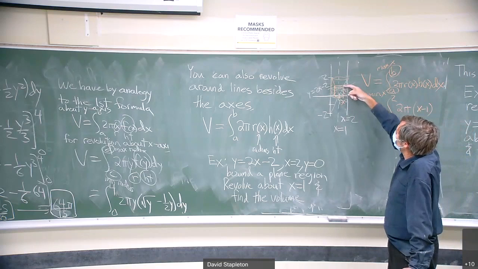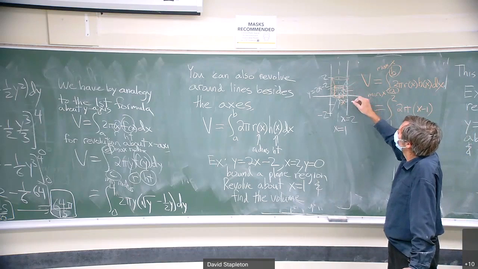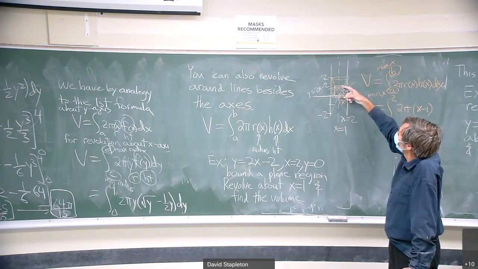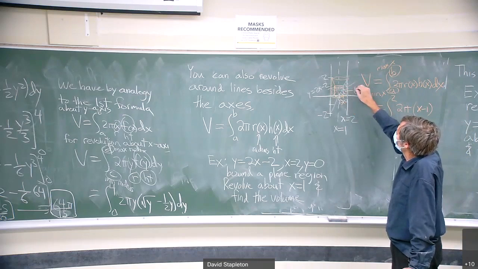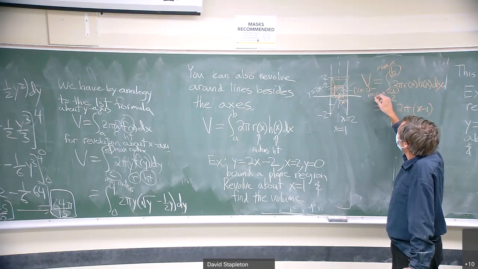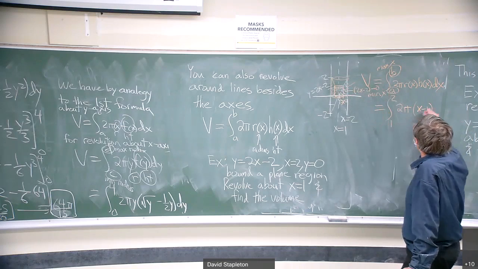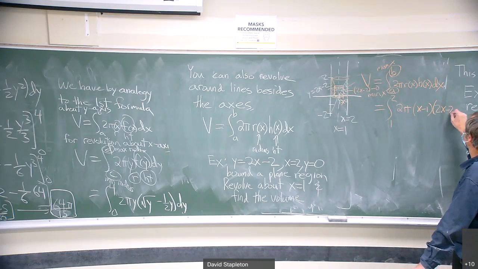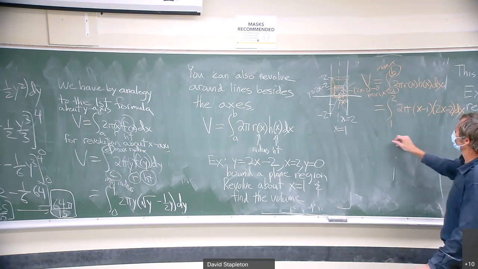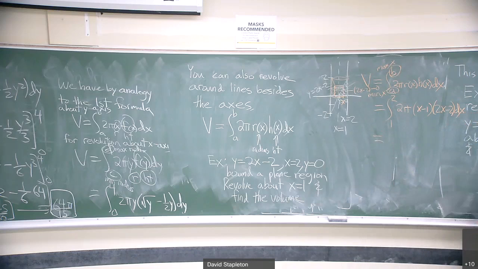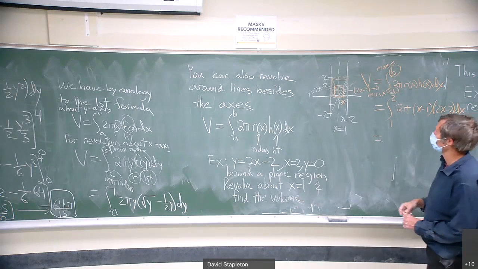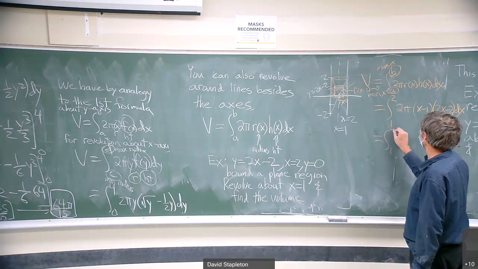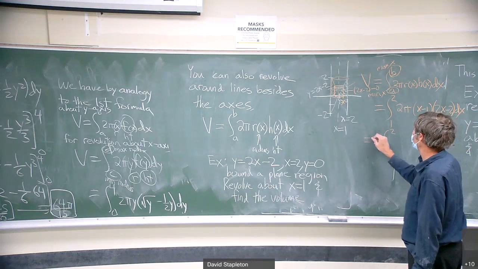And then what's the height? If I'm at this point, it's the top function minus the bottom function. So the height is then y equals 2x minus 2, the line, less the x-axis, 0. So the height is just 2x minus 2, dx, and you can evaluate this integral to find the solid. So the 2 pi radius height formula is a little more general, for revolving around the other axes. This is the integral from 1 to 2, pull the 2 pi out.